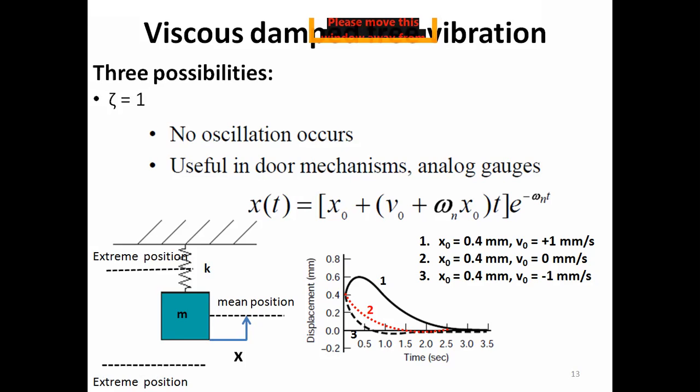It means that no vibration is actually happening in this case. If you disturb the system, it would not vibrate, because in the response we are not seeing the sine function, we are not seeing the cos function, we are not seeing exponential iota function. Here we have an exponential function, but if you look at the power, there is no iota.